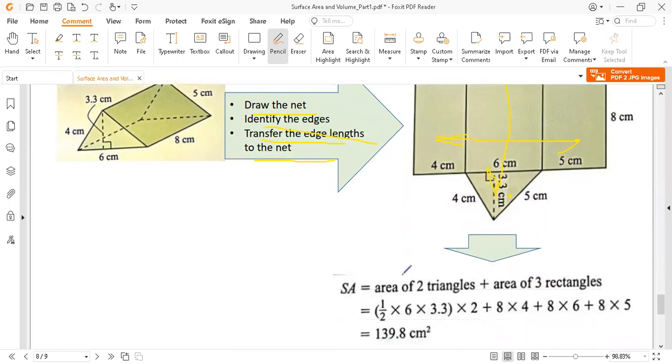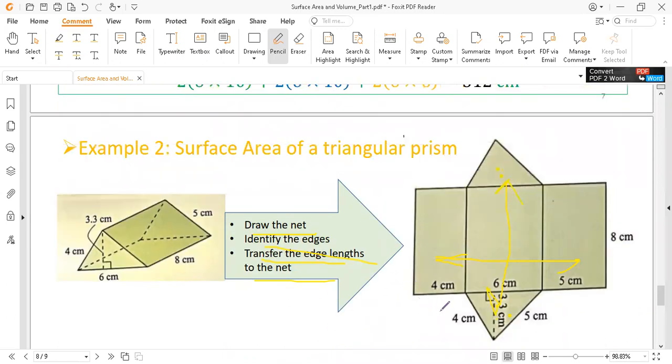So we have the area of 2 congruent identical triangles, and we have to find the area of each of the other 3 rectangles, and sum all to obtain the surface area of the given triangular prism.